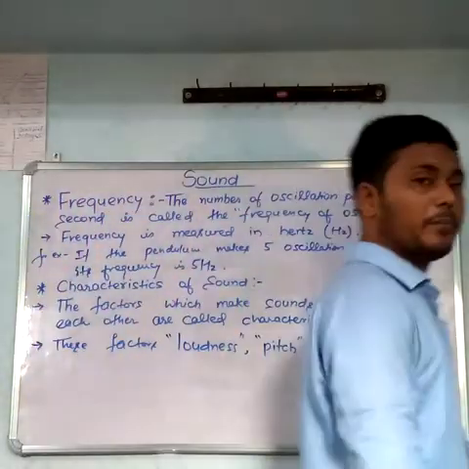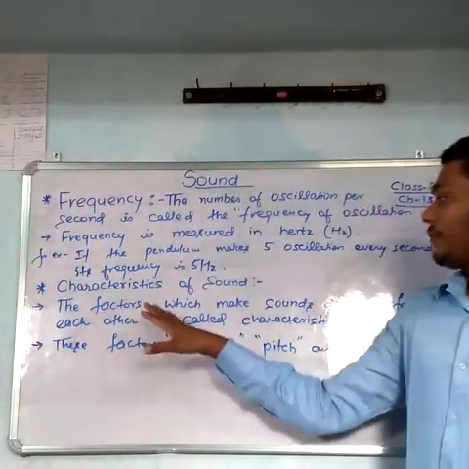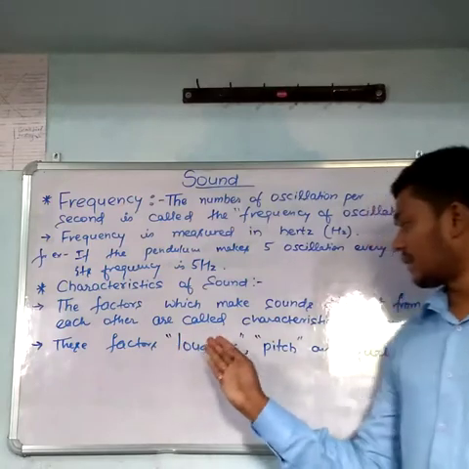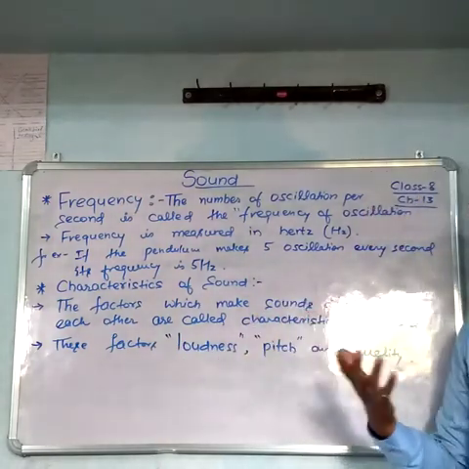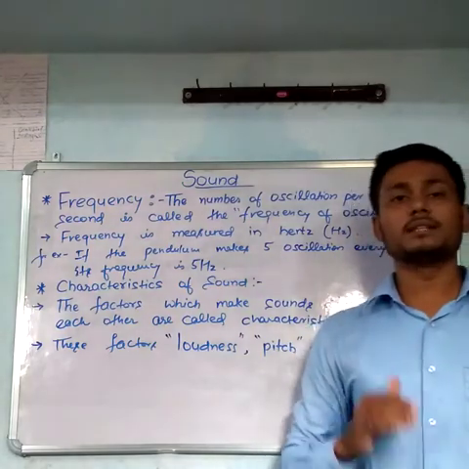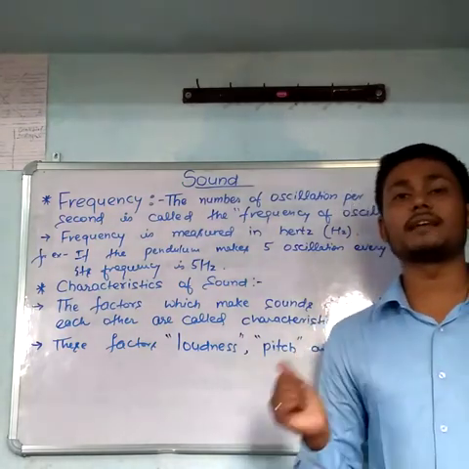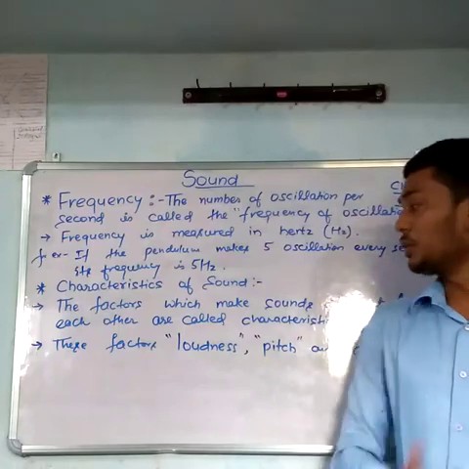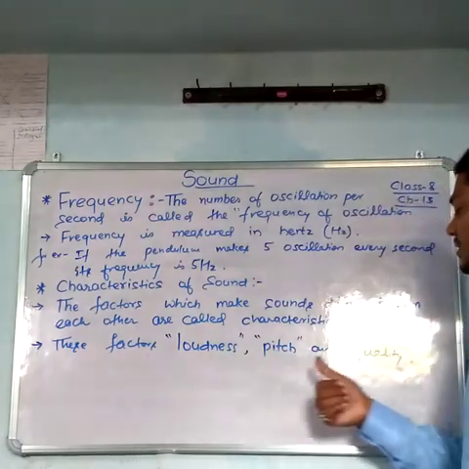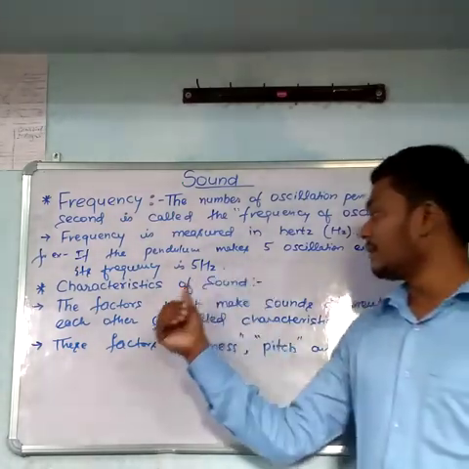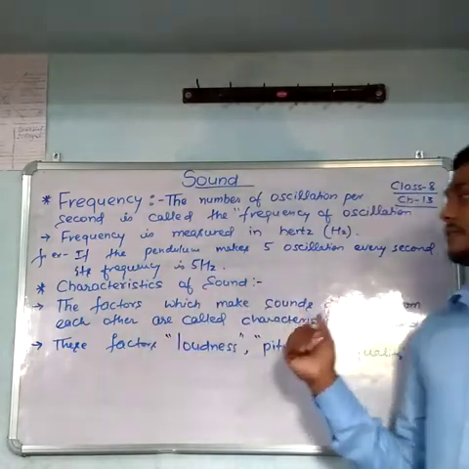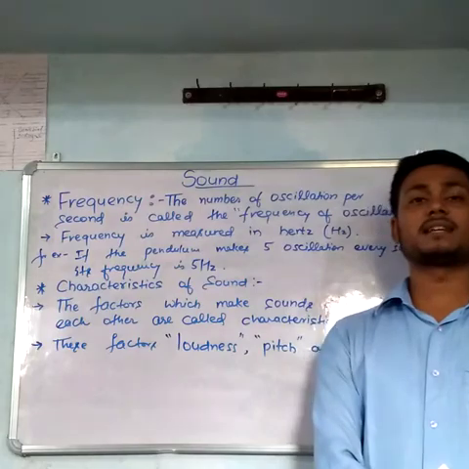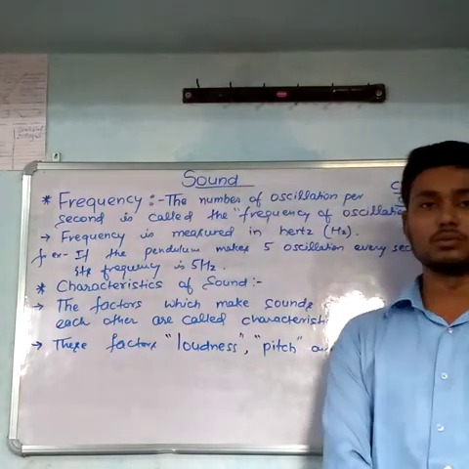So these factors, loudness, pitch, quality, make sound different from each other. The sound of a cat and the sound of a lion differ from each other due to these factors, and these factors are known as characteristics of sound.